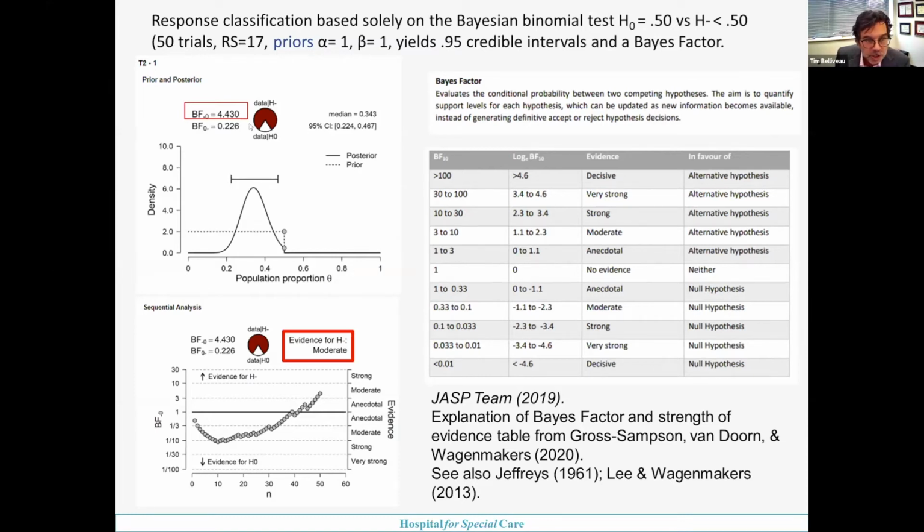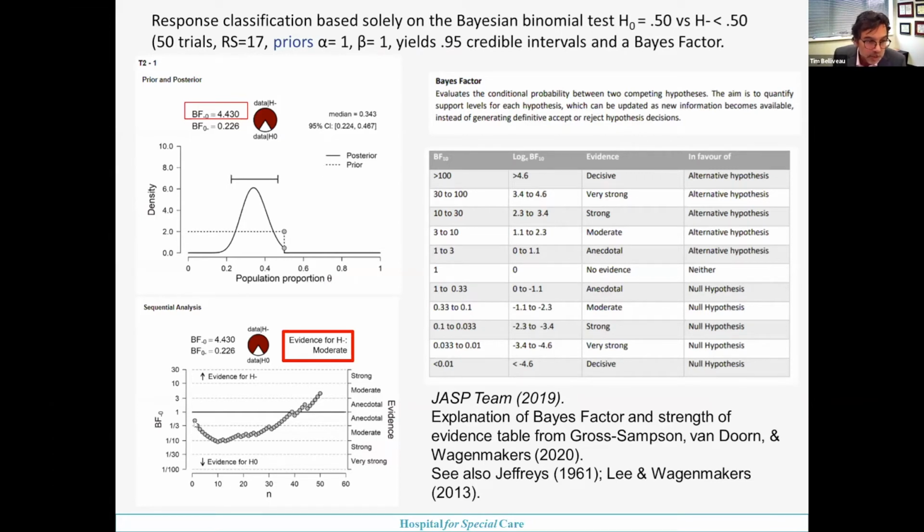These pie charts here are a quick and useful way that this information is represented in the JASP program, where the alternative hypothesis is represented in the white space, and the red refers to the degree of support for the alternative hypothesis, which in this case is lower than the random range.